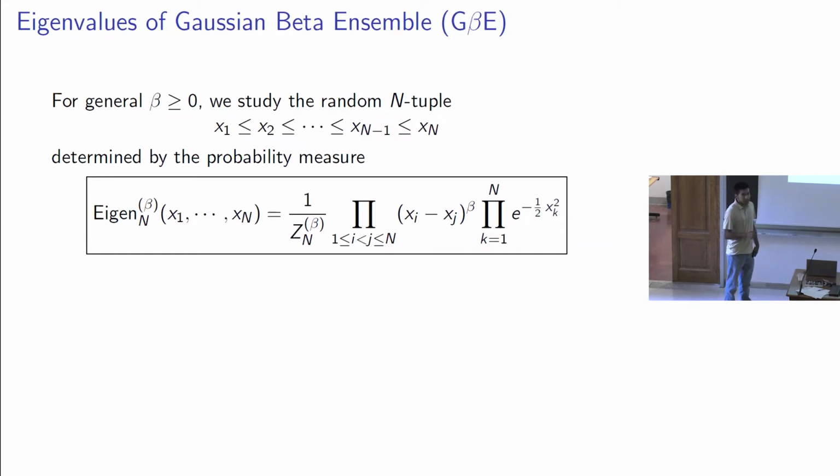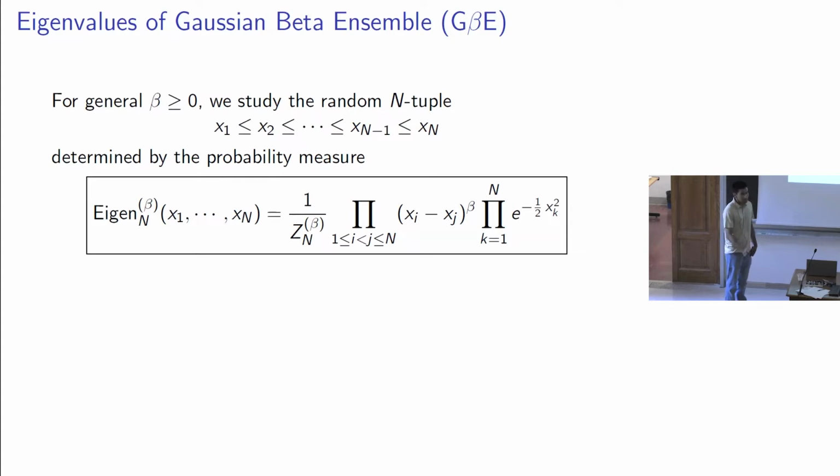It will be very similar to the one that I had before. The only difference is that there will be a power of beta rather than a power of 2, and even the weight is the same. Of course, the normalization has to change so that this is a probability measure. So this is a probability measure on R to the n. It determines n real numbers, x1, x2, up to xn.